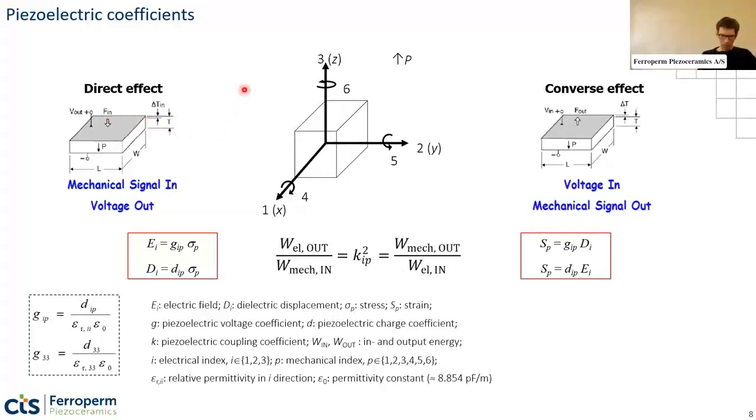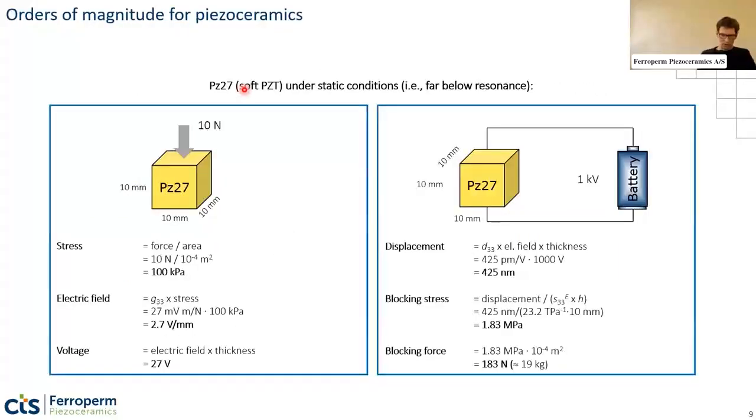Okay, I will move on now and just take some examples here. So here you have just a little cube of piezoelectric ceramic material. It's one of our materials, and it's just in order to illustrate the numbers and the orders of magnitude involved. So here you see the stress in the case where you apply a force of 10 Newton.